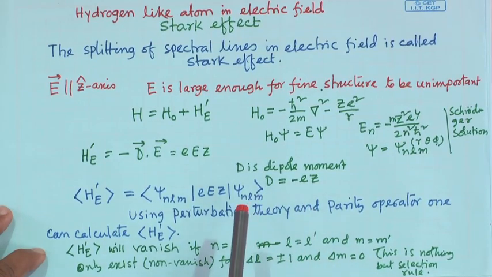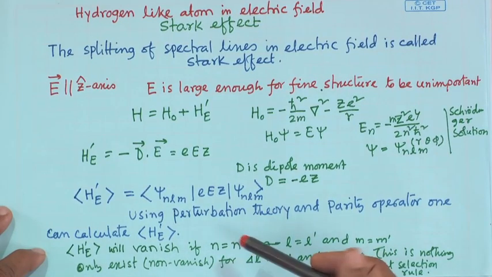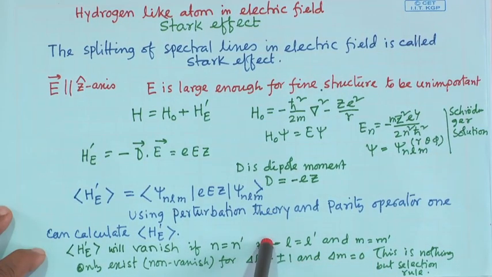Avoiding the calculation, I am using the reverse logic: I accept the selection rule and, applying it, I tell you that this term will exist only when l equals l dash plus or minus 1 and m equals m dash.